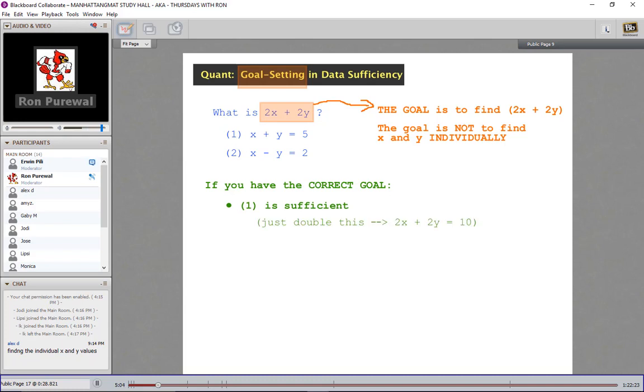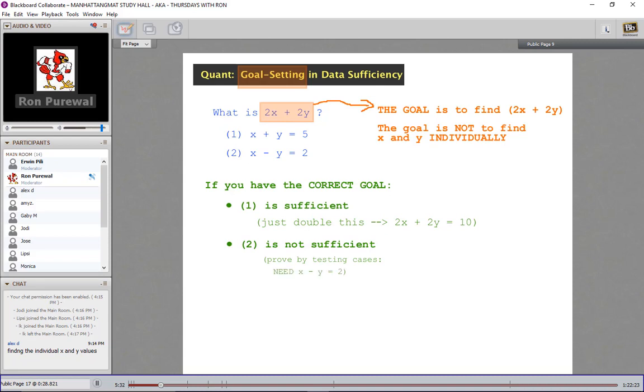But statement 2 is not sufficient. It might take you a second to prove that. Make sure you can prove that if necessary. You want to prove it by just doing some very basic testing of cases. You can pick any x and y. You need x minus y to equal 2, but you can pick any x and y that do that.